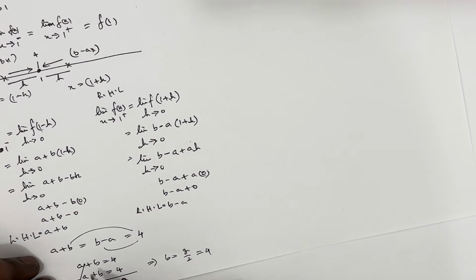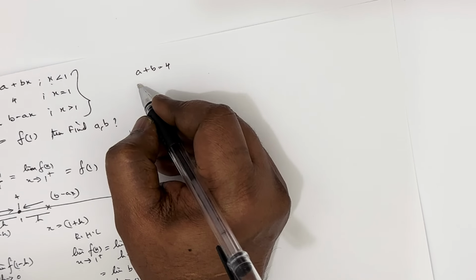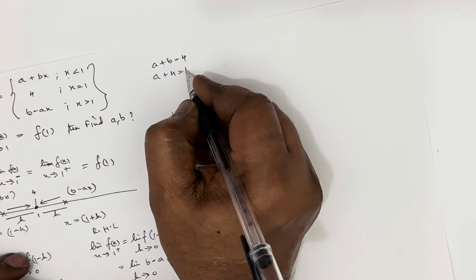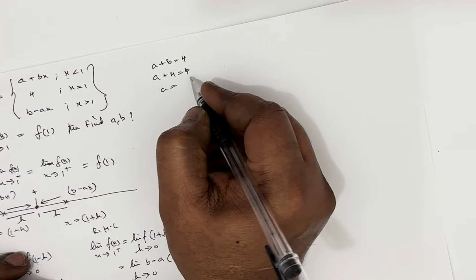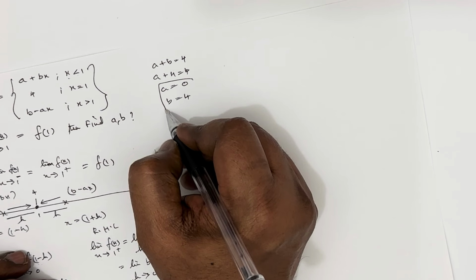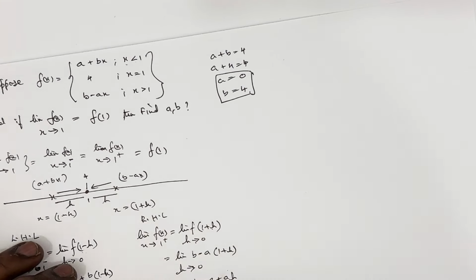Let's put the value of b in any of the equations, say a plus b is equal to 4. We got b as 4, so a is equal to 0. So we have a is equal to 0 and b is equal to 4. These are the values of a and b. Okay, that's it.